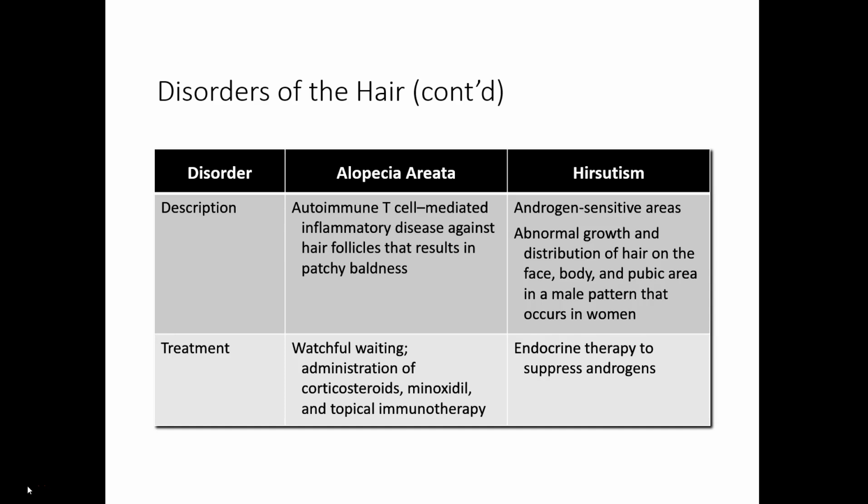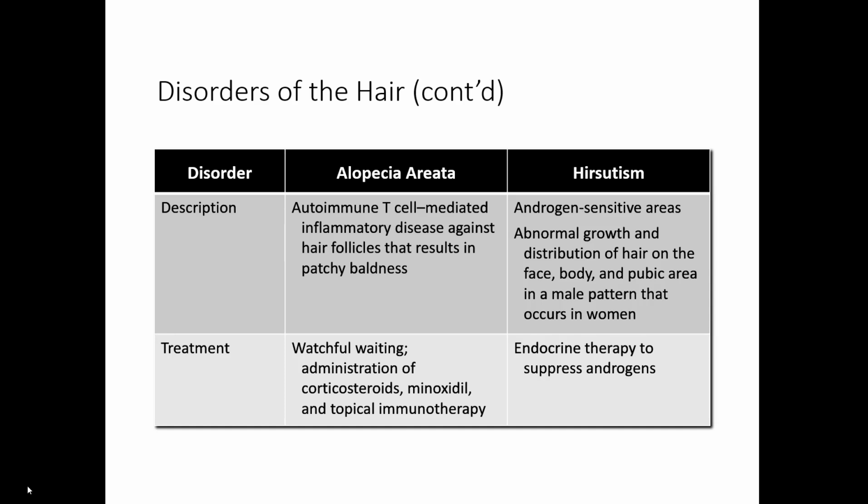Alopecia areata is an autoimmune, T-cell mediated inflammatory disease against the hair follicles that results in patchy baldness. Treatment is watchful waiting, administration of corticosteroids, minoxidil, and topical immunotherapy. Hirsutism is the overgrowth.